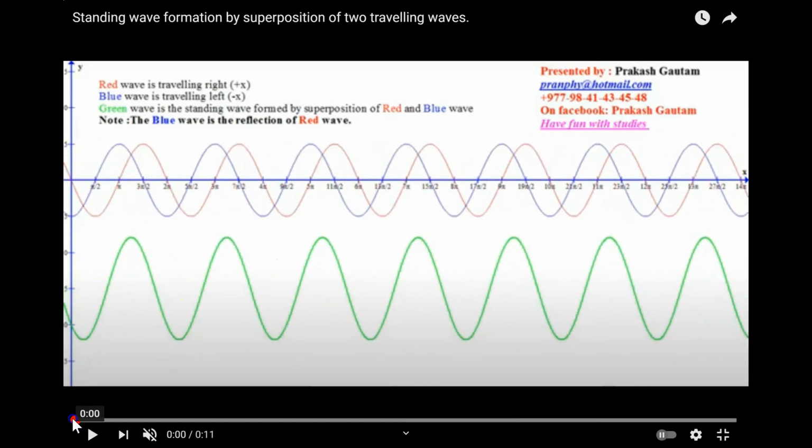And what you will start to notice is that those two traveling waves are always on the same side of the zero line. At this location on the string, the red is a positive wave, right about here at maybe 3 if you look over to the y-axis. And the blue is also a positive wave at this location on the string.